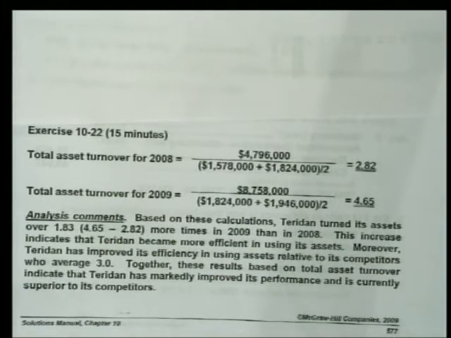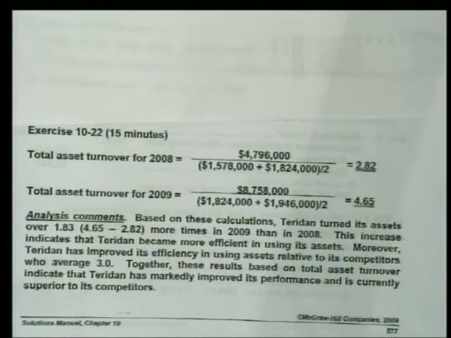They're getting more sales for those average assets. Okay? Their competitors have an average of 3.0. So in '09, it looks like they are increasing the effectiveness and efficiency of their assets as compared to their competitors, because they have a higher asset turnover in '09 than their competitors do.